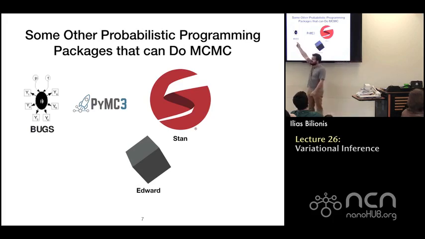Now, BUGS is actually the first probabilistic programming package. BUGS stands for Bayesian something, okay? I don't remember what. And it started as a Windows package. It's basically a Windows program.